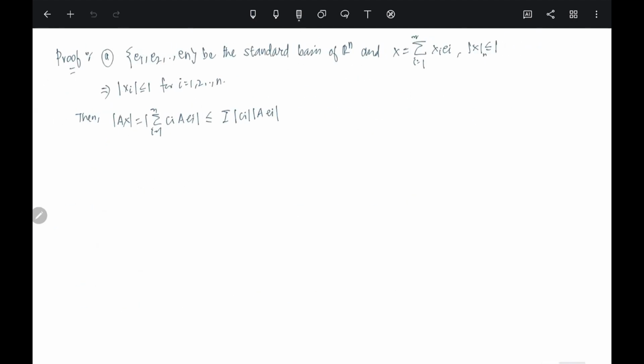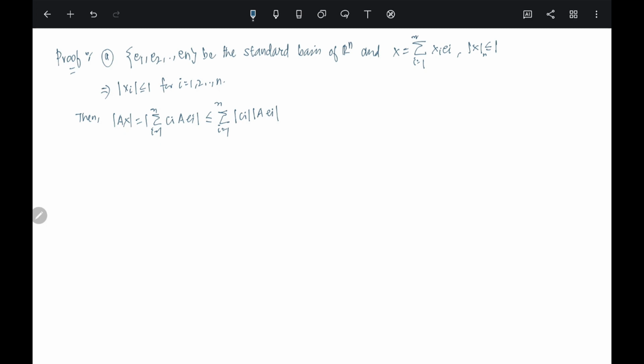I am using this property here, together with the triangle inequality, with i equals 1 to n. So A of x is dominated by this. Clear? So this is true.